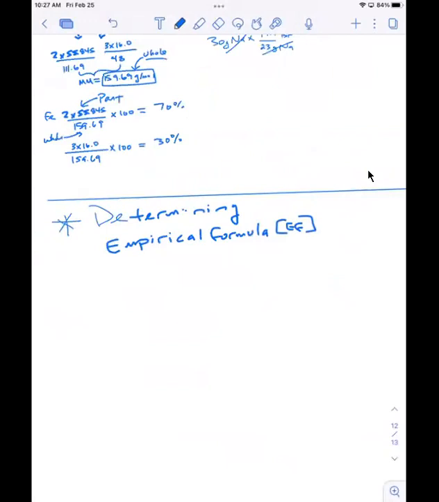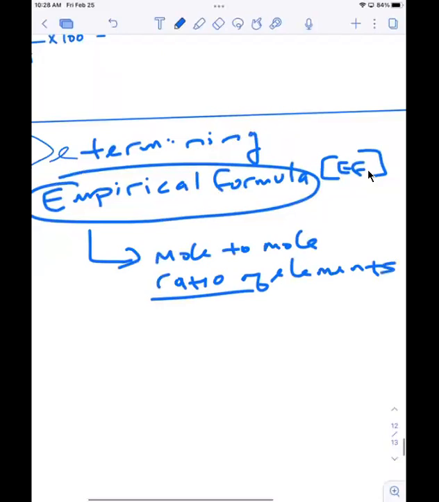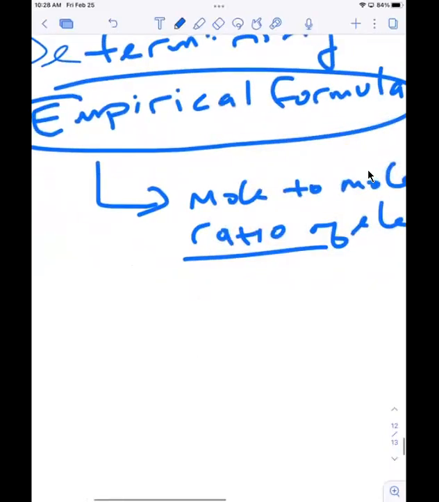All right. And really what the empirical formula is, is finding the mole to mole ratio of elements. So when we do that, what do we need in order to find moles? Based on what we've already done, what are we going to need? Remember that grams over moles equals what?